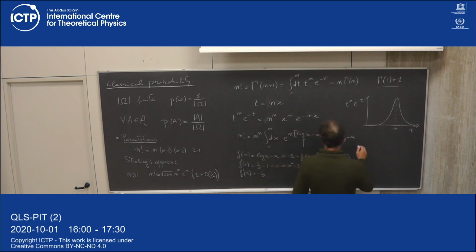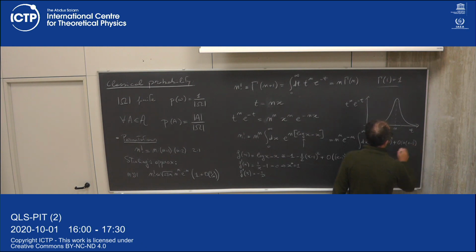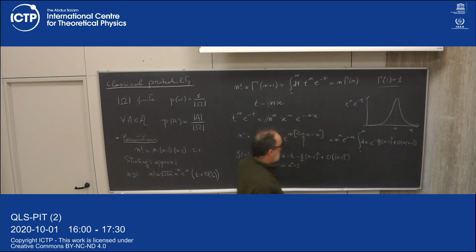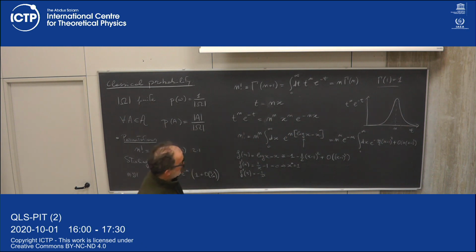And then you have the integral from 0 to infinity in dx of e to the minus n over 2 times x minus 1 squared, plus orders of n times x minus 1 cubed.